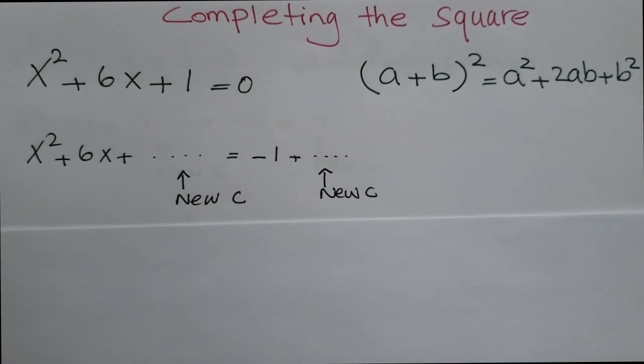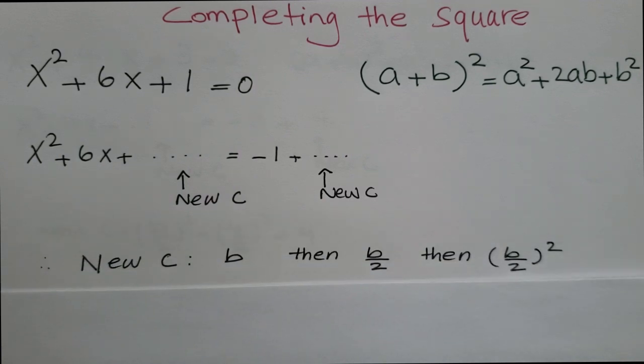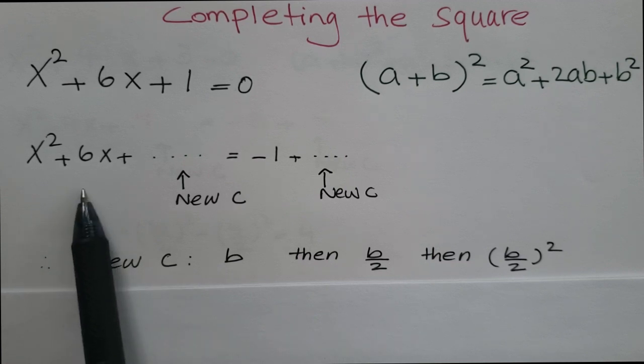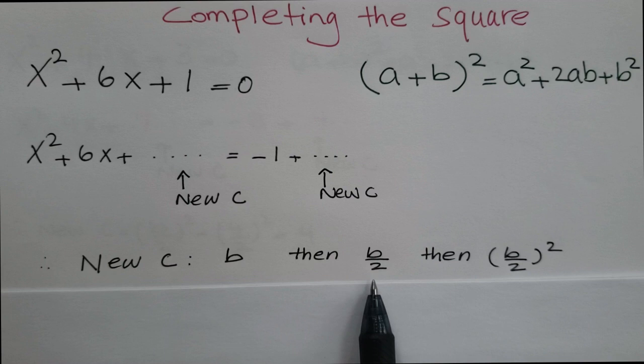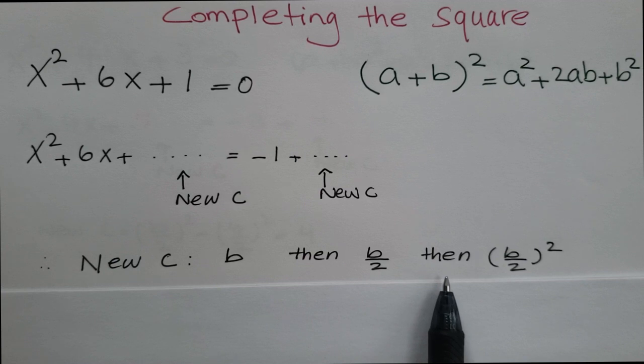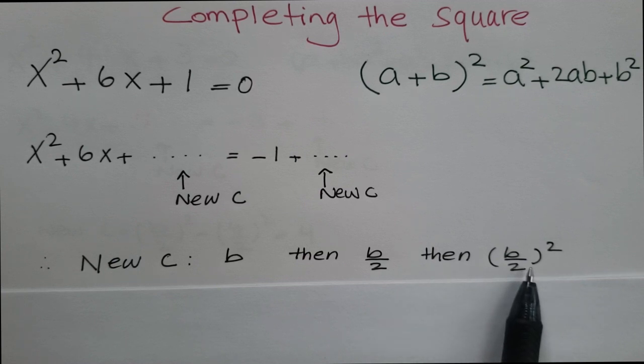Okay, so let's see what the value of the new c is. In order to find the new c, first of all, you take the b value, which is 6, then divide it by 2, which is 6 over 2, then raise it to the power 2.